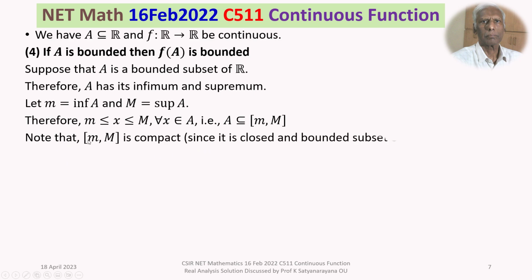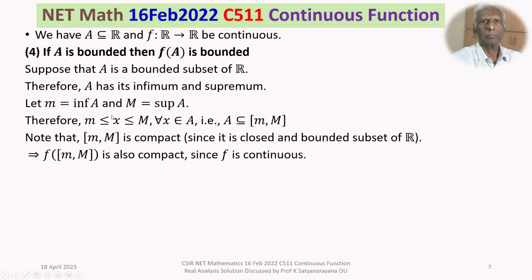Note that the closed and bounded interval [m, M] is compact, using the Heine-Borel theorem. And f is a continuous map from R to R, so the continuous image f of [m, M] is also compact, because the continuous image of a compact set is compact.